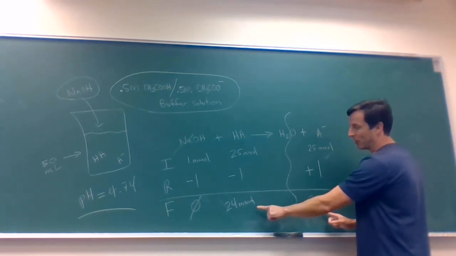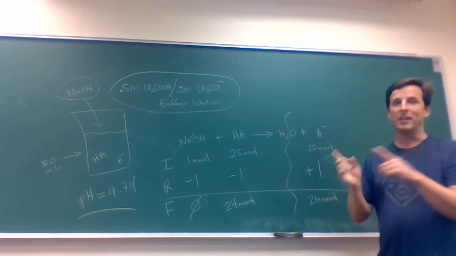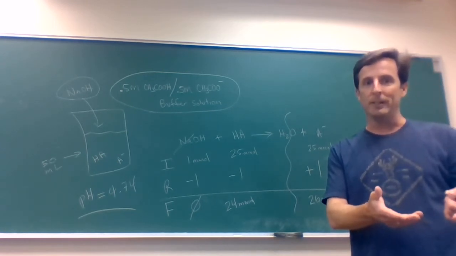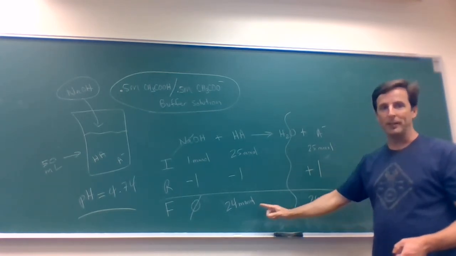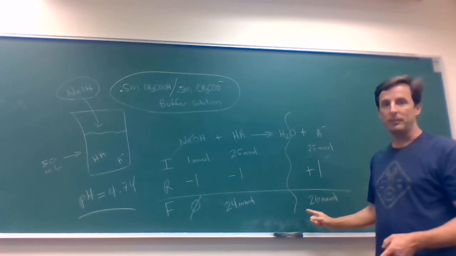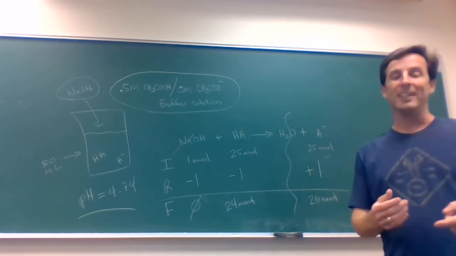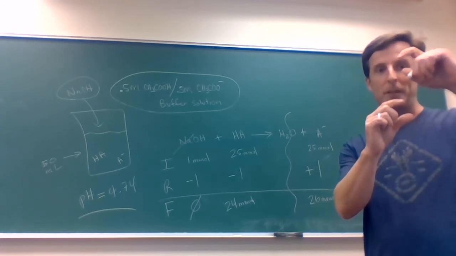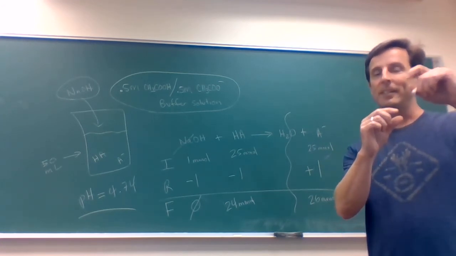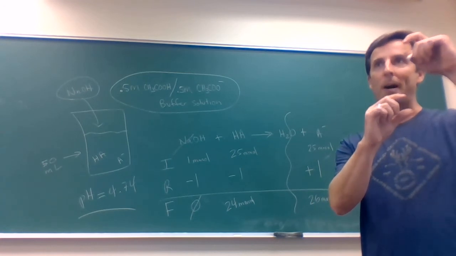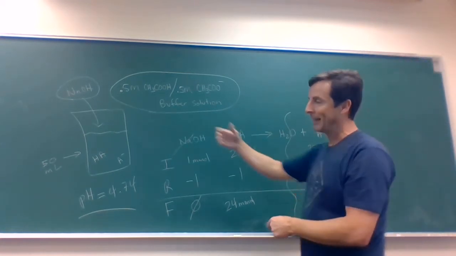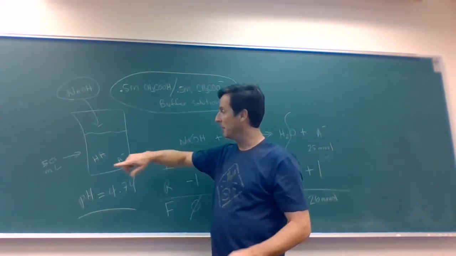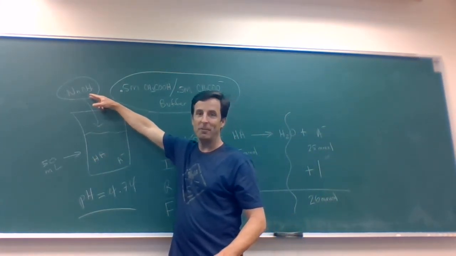These are the new numbers that I want to go now to the Henderson-Hasselbalch. If we want to find out what the new pH of the solution is, these are the two numbers I'm going to plug into the Henderson-Hasselbalch equation. Now, the Henderson-Hasselbalch equation technically should have molarities for the HA and the A minus values that are being plugged in, but since there's one value on top and bottom, to change both of these back into molarity, I would be dividing by my new volume, which would be 50 milliliters plus 10 of the NaOH.